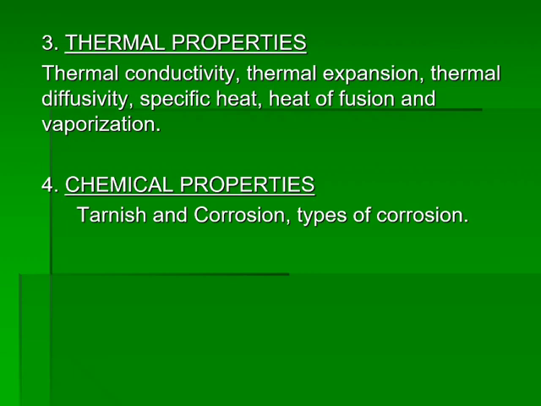Next is thermal properties. Example, thermal conductivity, thermal expansion, thermal diffusivity, specific heat, heat of fusion, and vaporization. Chemical properties: tarnish and corrosion, types of corrosion.